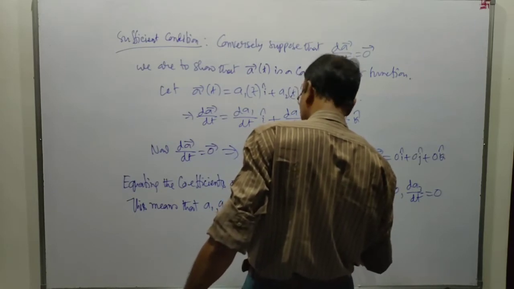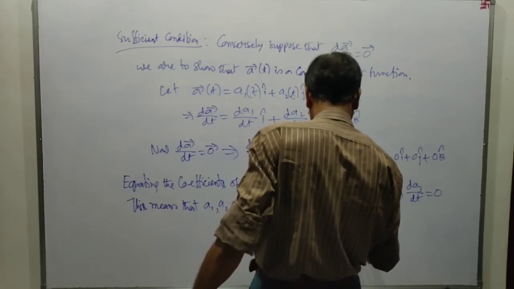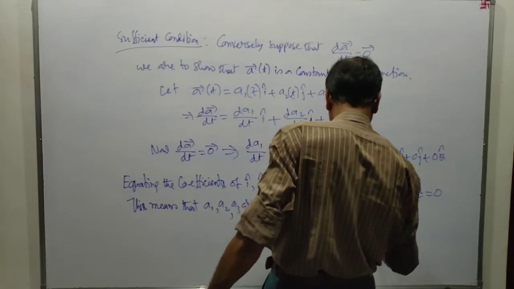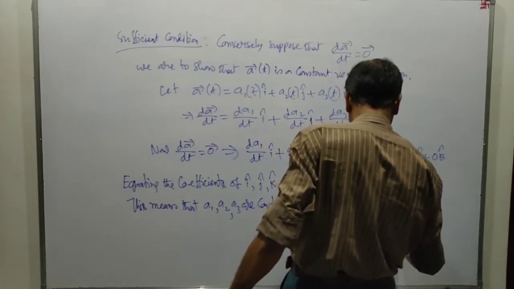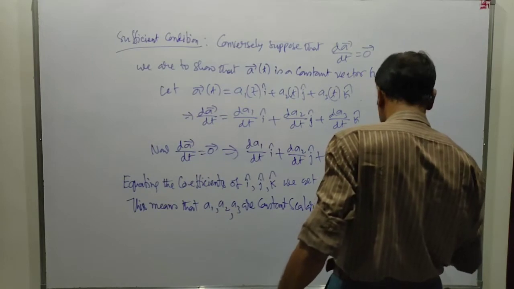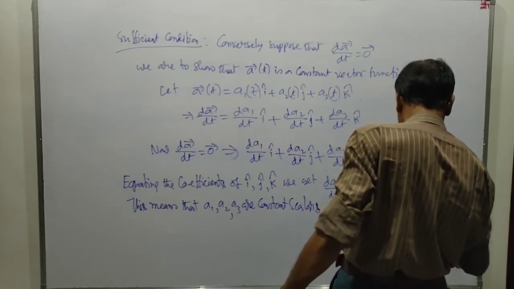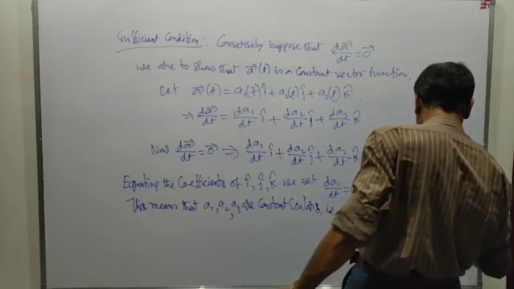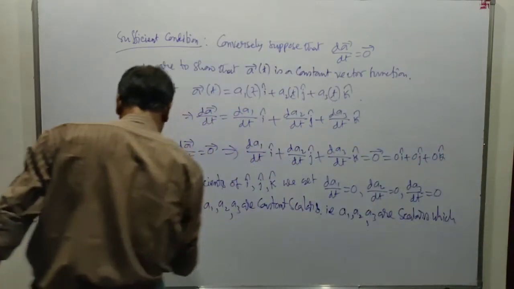That is, A1, A2, A3 are scalars which are independent of t.